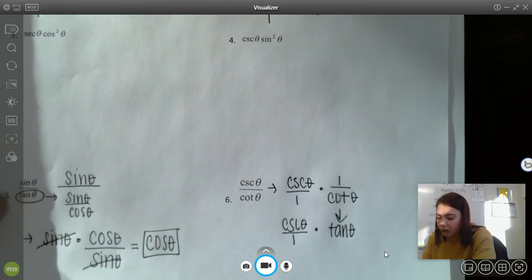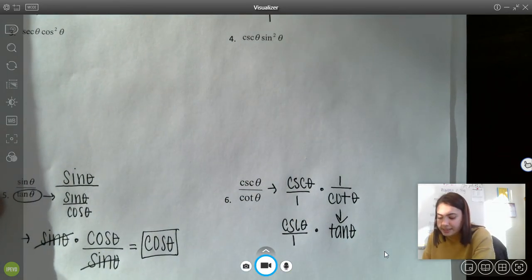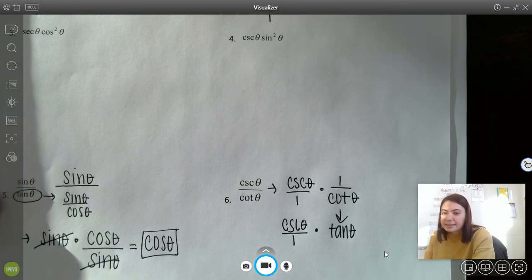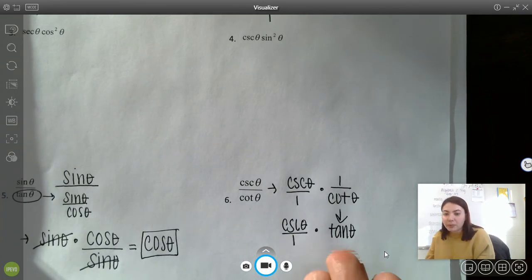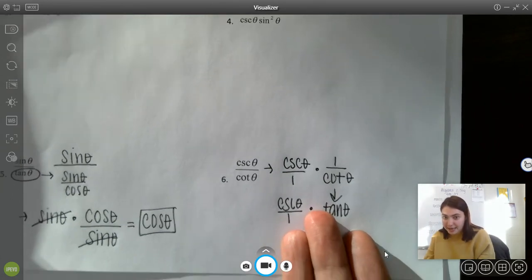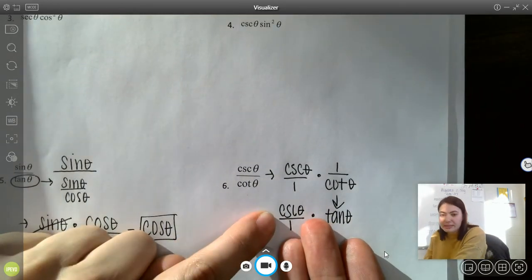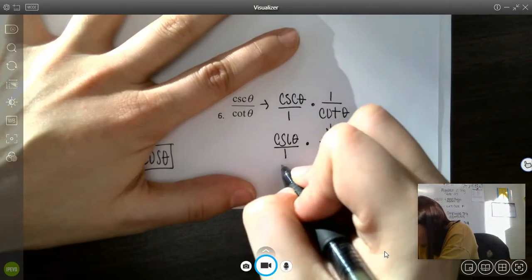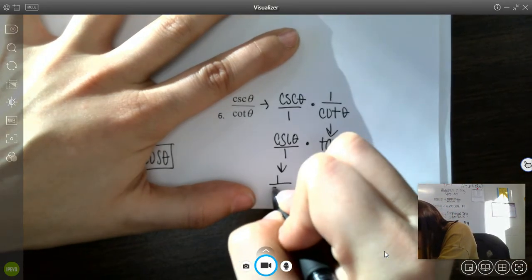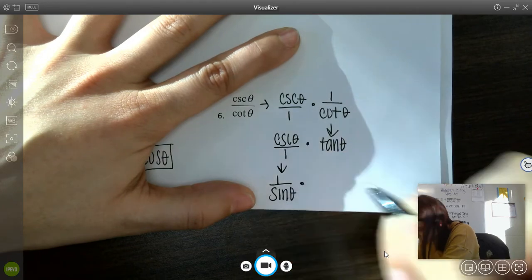Now, when we talk about tangent, tangent is sine over cosine. We don't really have a sine anywhere right here, but we do know that cosecant is 1 over sine, so maybe that might help us. Turn cosecant into 1 over the sine of theta.